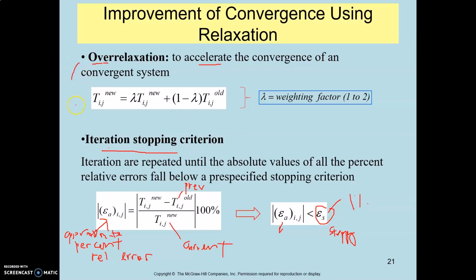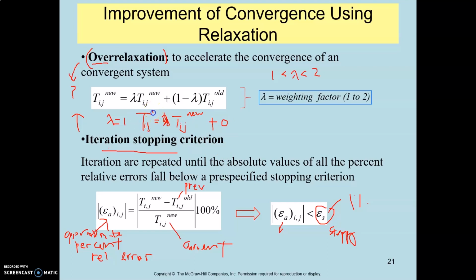What is the relationship between these two? For this case, normally we choose lambda within 1 to 2. So what happens if we choose lambda equal to 1? Let's try it. When we choose lambda equal to 1, on the right side it will be 1 times Tij new, and 1 minus 1 gives 0, nothing left.